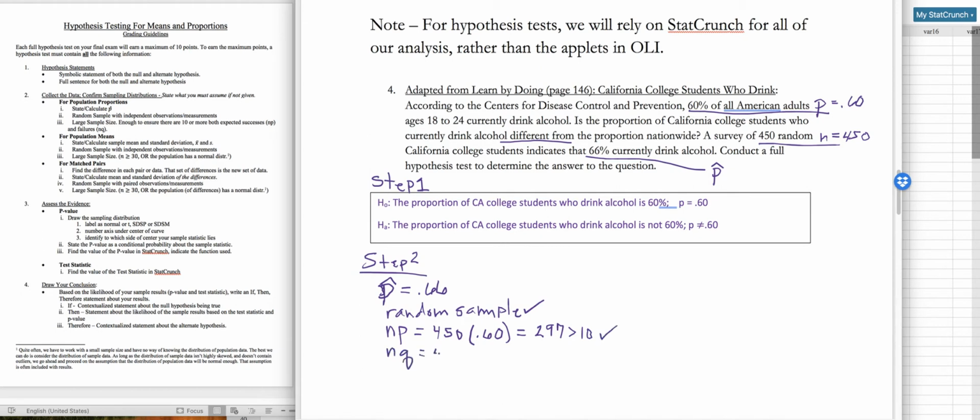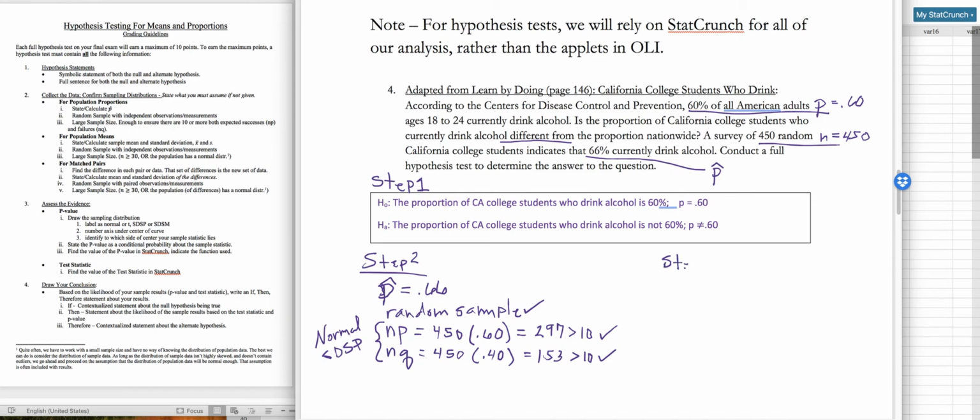And nq is 450 times 0.4, which is 153, again bigger than 10, so we're good to go there. So remember, it's these two criteria together that are ensuring that we have a normal sampling distribution of sample proportions. Just like a confidence interval, we need that normal sampling distribution to conduct our hypothesis tests.